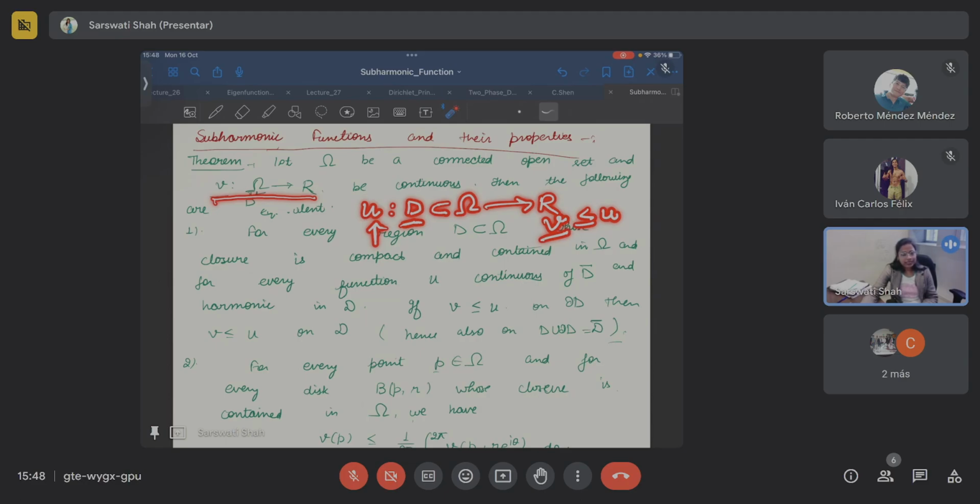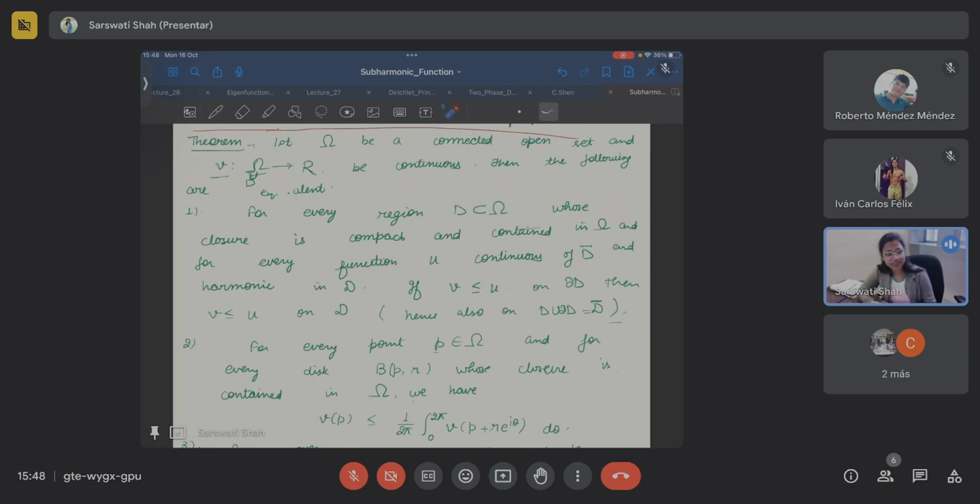And rather than saying it a harmonic function, we will call it a subharmonic function because it is less than or equal to u throughout the domain D. So this is the property of a subharmonic function. Now we have to prove that these four statements are equivalent.